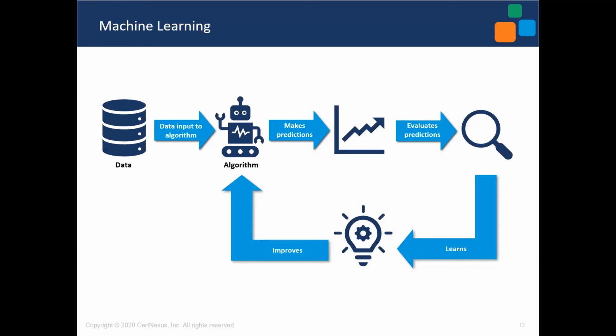It will learn to make predictions, then evaluate those predictions based on how it's been trained, and then it learns from that and will improve. So if you think about it, it is an intelligent algorithm that we've programmed and trained to essentially generate this intelligence.